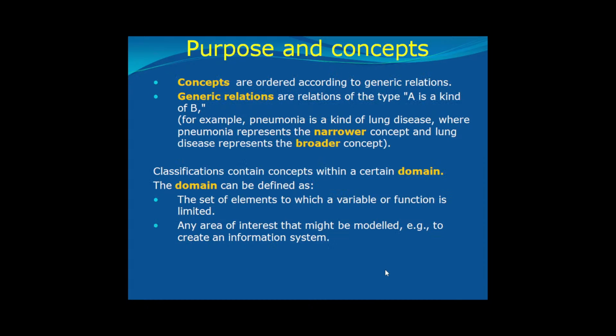Concepts are ordered according to generic relations. Generic relations are relations of the type A is a kind of B. For example, pneumonia is a kind of lung disease, where pneumonia represents the narrower concept and lung disease represents the broader concept. Classifications contain concepts within a certain domain.